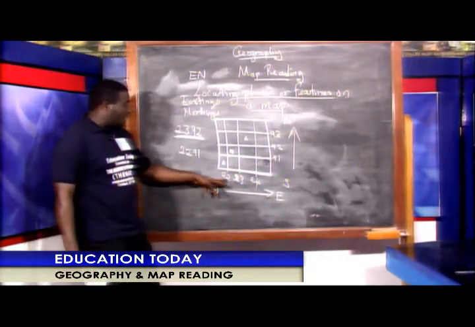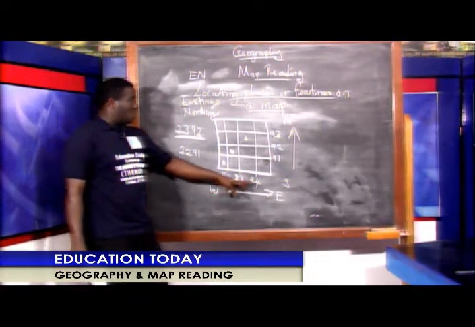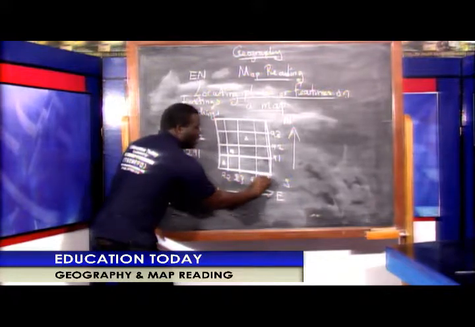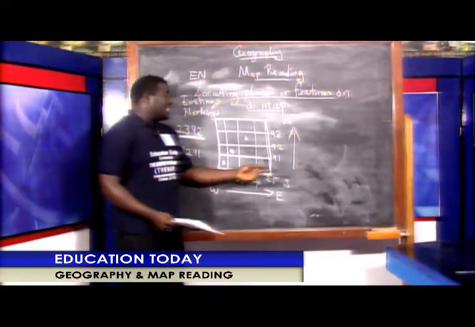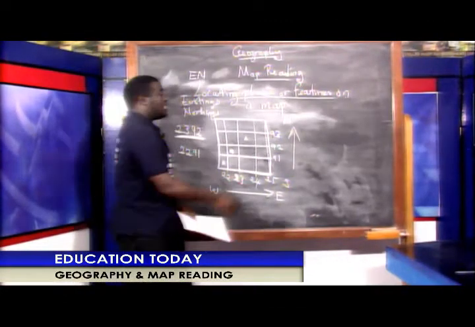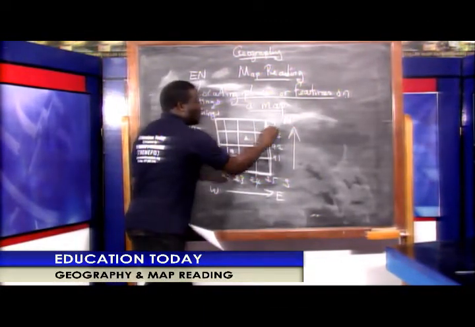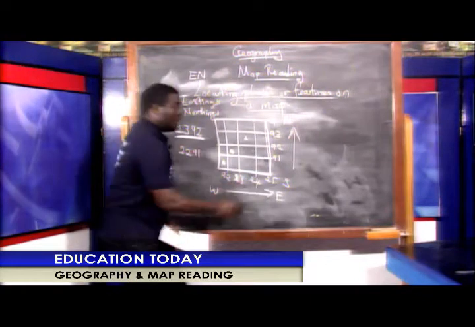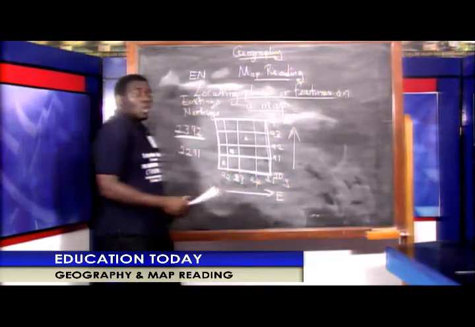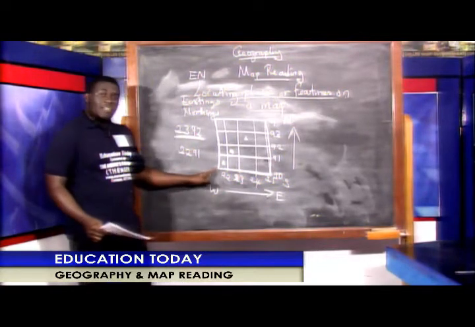We have 22, 23, 24, which means that this other line will be 25. It's the same thing here. We have 91, 92, 93, which means that this one will be 94. If you look down, this one will be 90, 91, 92, 93, 94. What then will be the value of this feature?